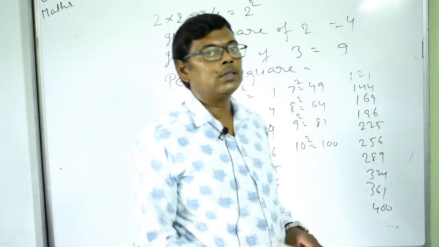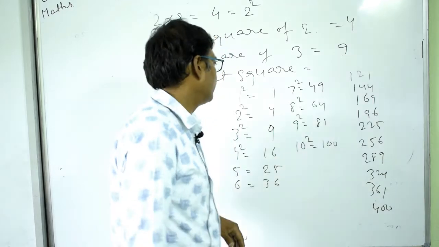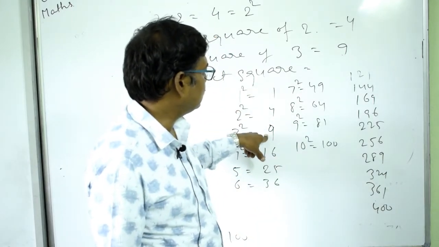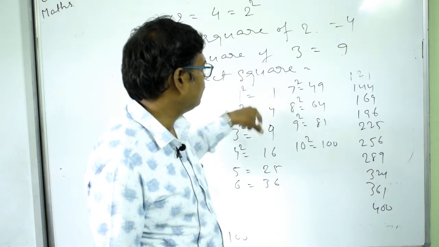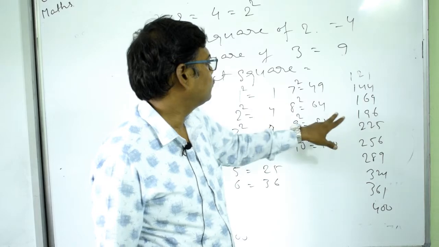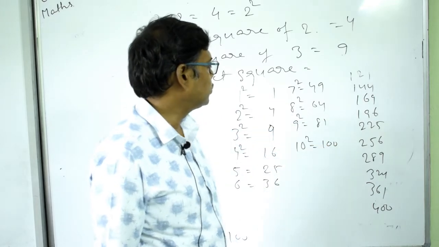You will not get all the digits from 1 to 0. Here it is 1, 4, 9, 6, 5, 6, 9, 4, 1, or 00.